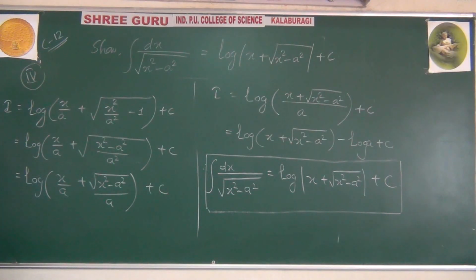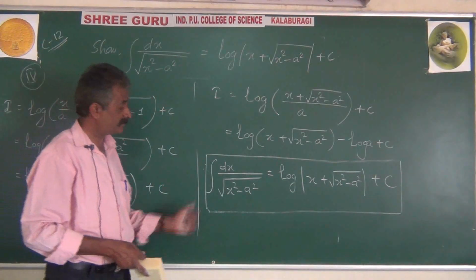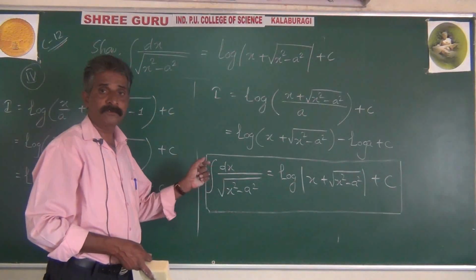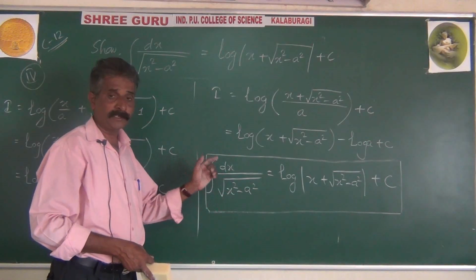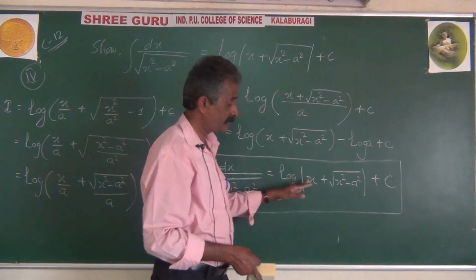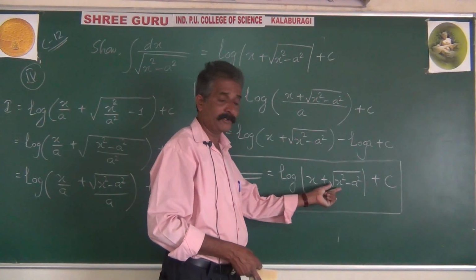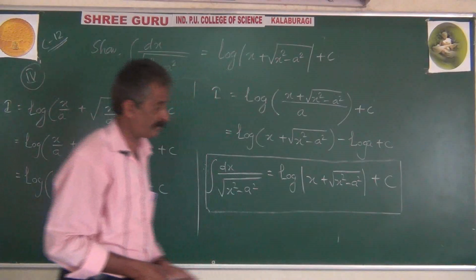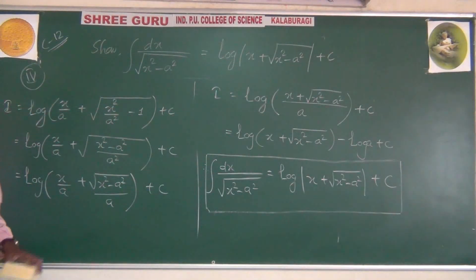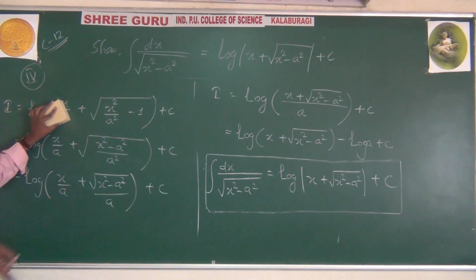I hope that yourself you can manage its extension. What is extension? Dx by root of x plus or minus alpha whole square minus a square equal to log, instead of x, you must write x plus or minus alpha. Here also x plus or minus alpha. Hope you can understand its extended form yourself.